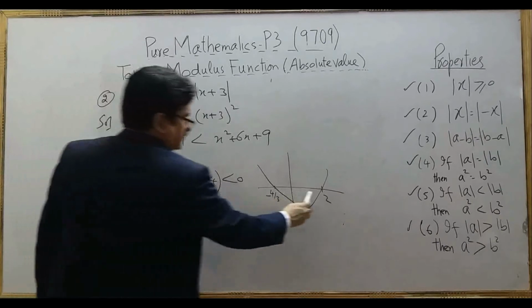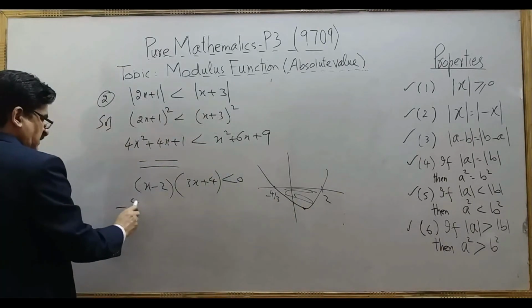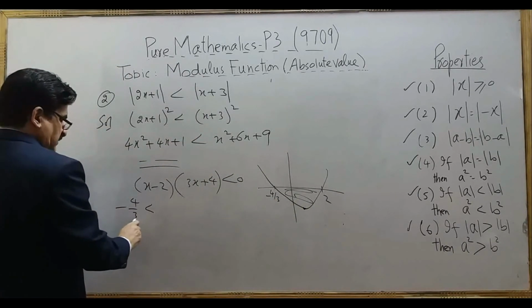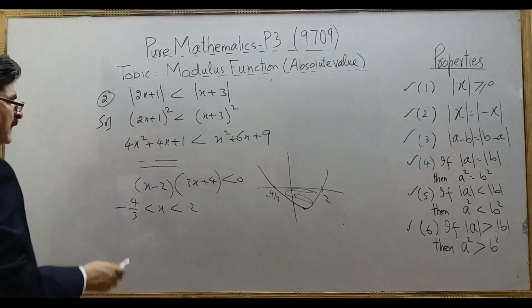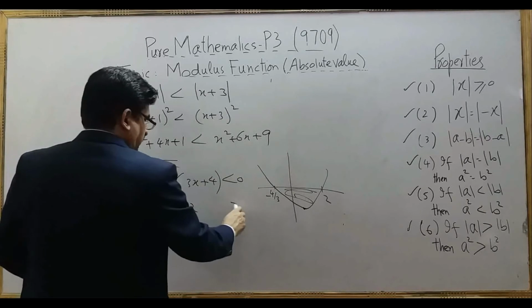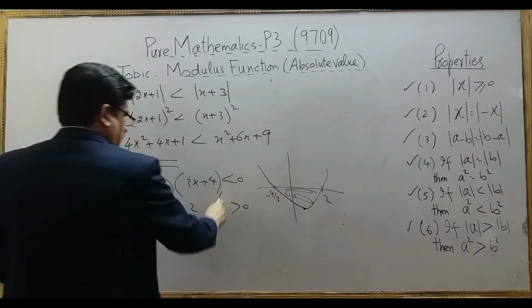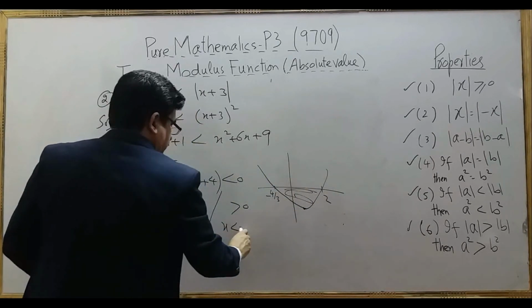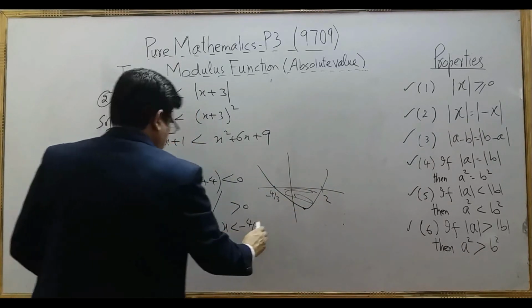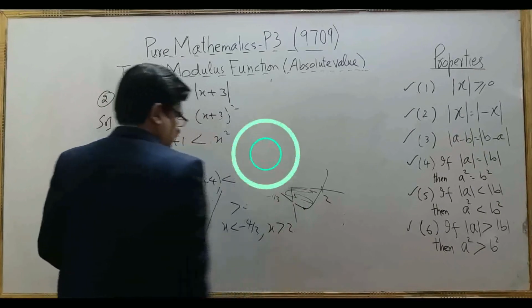We need less than 0, meaning this region, so our x will lie in minus 4 over 3 less than x less than 2. In this question, if you have greater than 0, for example, then your answer will be this region and this region: x less than minus 4 over 3 and x greater than 2.